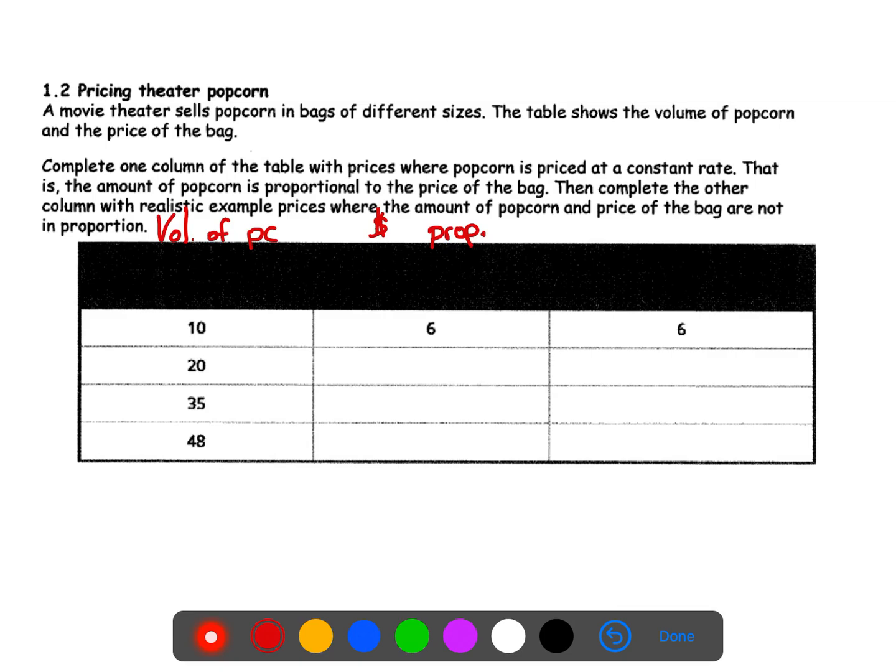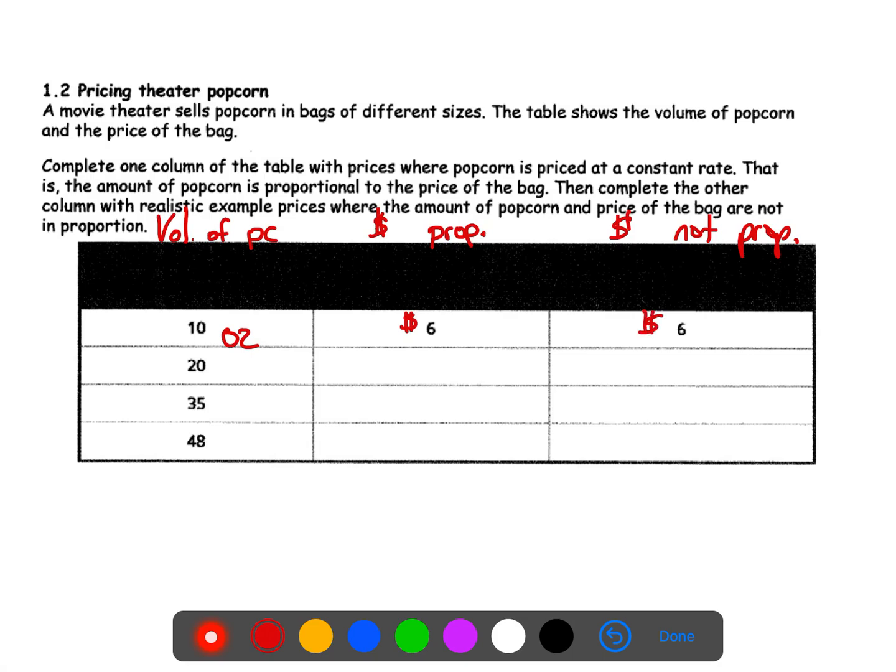And then we have in the second column a price that's not proportional. So please add those labels to your columns. Again, I'm sorry I didn't copy quite right, but here's what we're going to look at. So this is in ounces. So we have a 10 ounce, abbreviated with OZ there, a 10-ounce bag of popcorn costs $6.